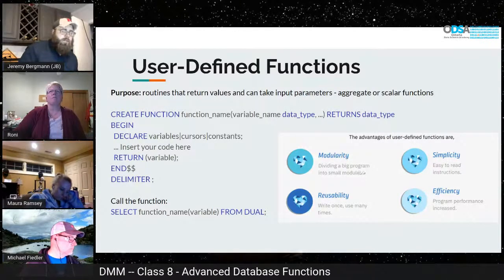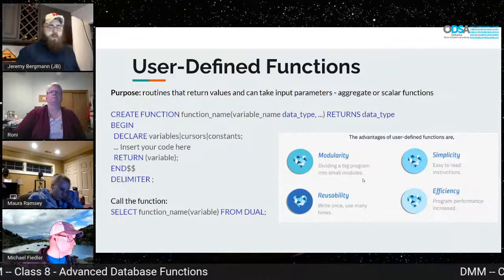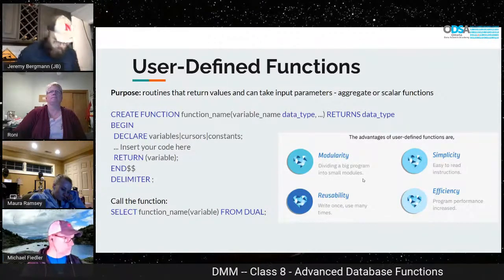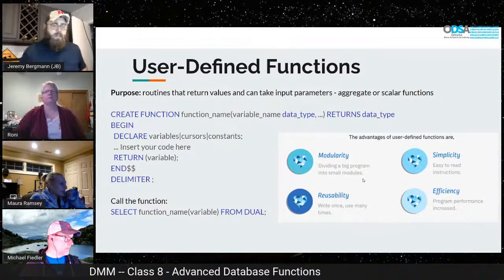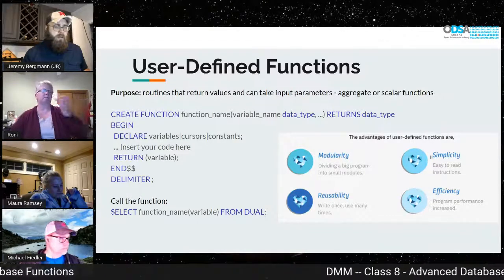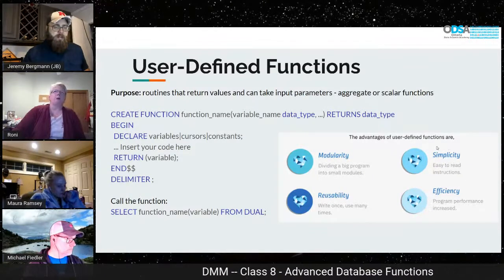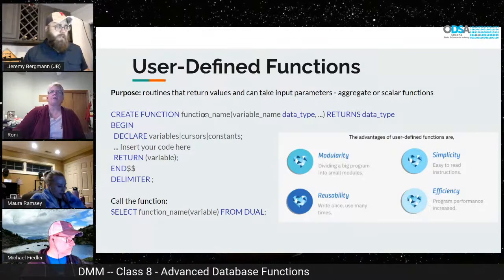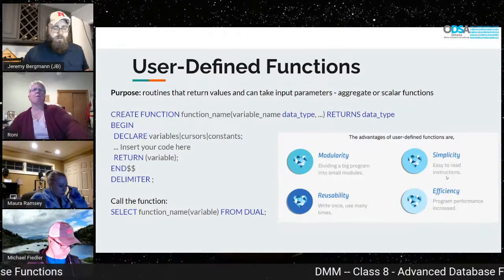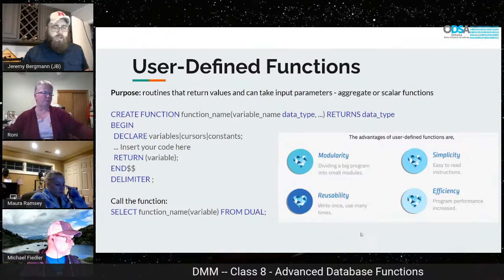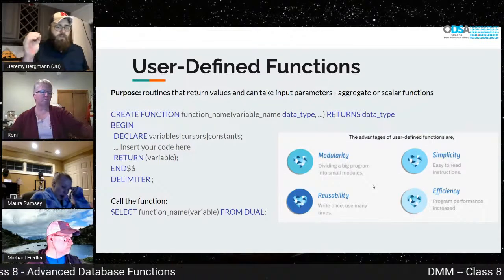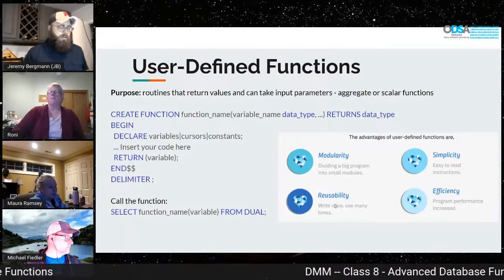So modularity, dividing big problems into small problems. Think of perhaps having some really complex query or multiple subtables or joins to be able to do something. Maybe you could create a function instead that returns exactly what you need. Simplicity, easy to read instructions. If you have it well defined, you give it a good name, variables, and say what it is to do, it's easier than creating the query yourself once you have it defined. You can reuse it in multiple places. Instead of writing the same piece of code multiple times, you can use that function in multiple places.